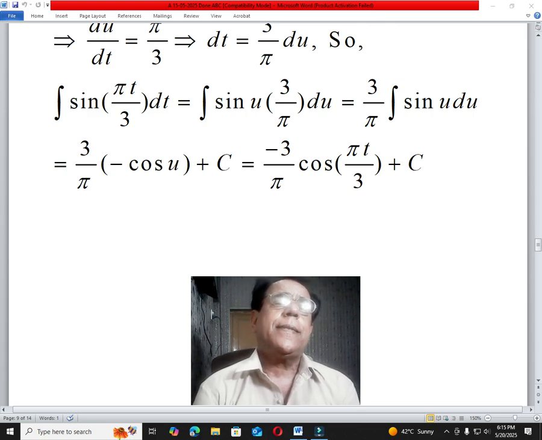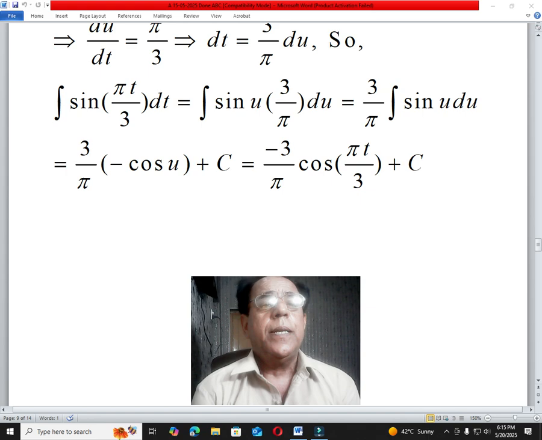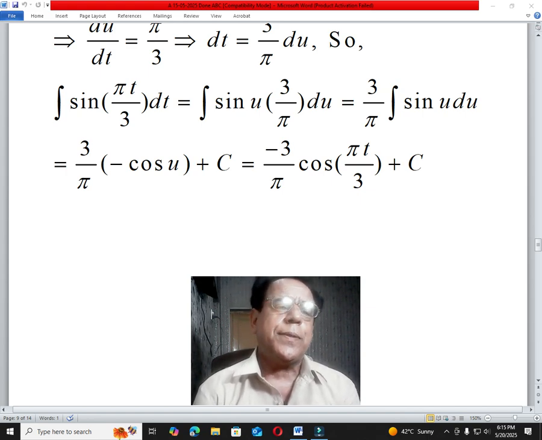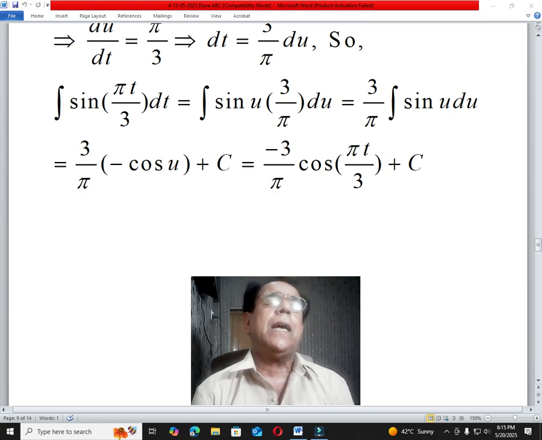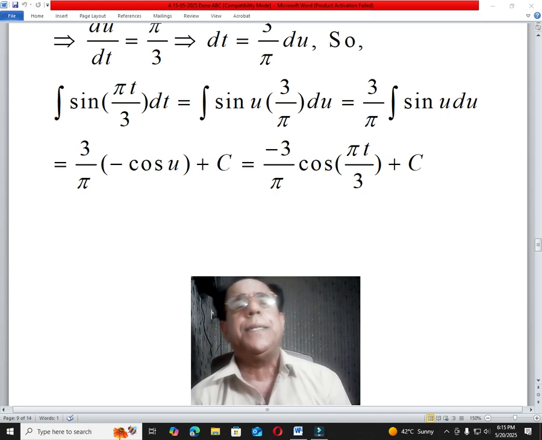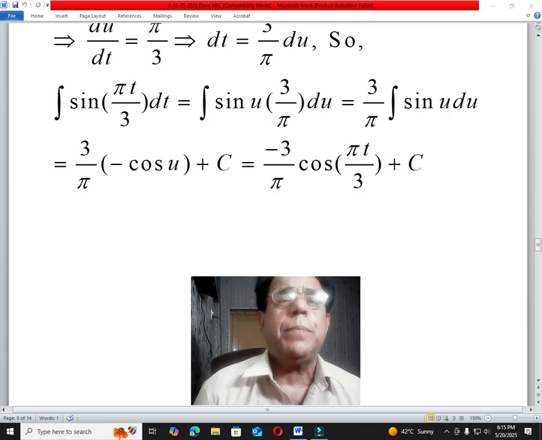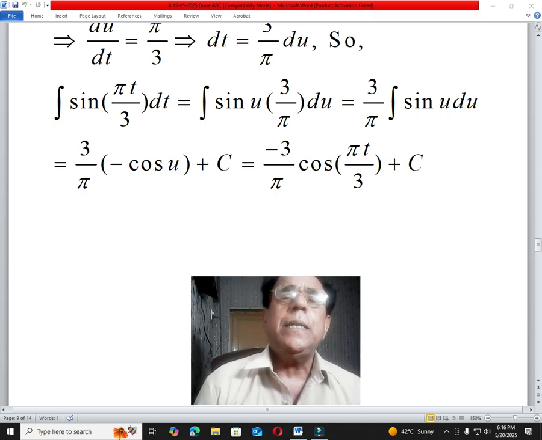So our next step will become 3 by pi minus cos u plus c. To this extent our answer is complete. The only step which is yet to be taken is that we have to resubstitute u by its original value, and hence our answer will become minus 3 by pi cos pi t by 3 plus c.